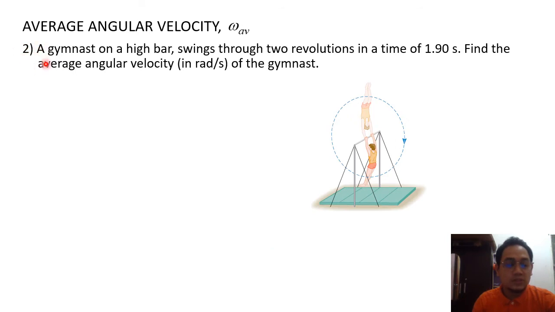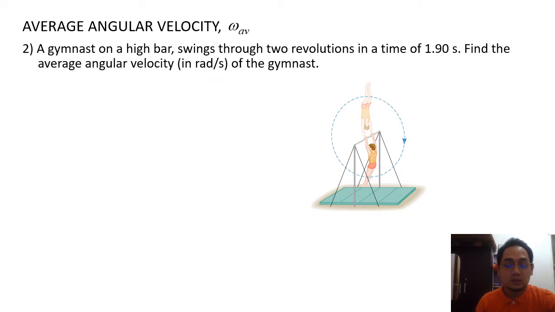Question 2, which is about average angular velocity. The symbol is omega. A gymnast on a high bar swings through 2 revolutions in a time of 1.9 seconds. So in this one sentence, you have been given 2 pieces of information, which are 2 revolution and the time. The question wants us to find the average angular velocity in SI unit, radian per second, of the gymnast.